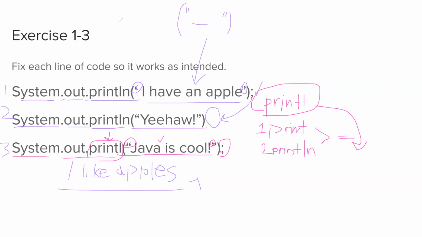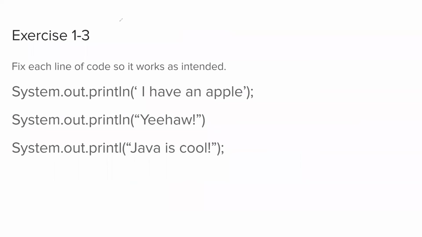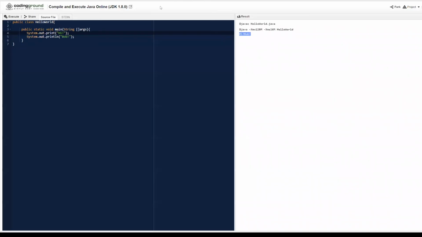Okay, now I wanted to talk about one more thing. So when we were talking about error, right, we wanted to see if we didn't have a semicolon here, right? So if we didn't have a semicolon, what would happen is if we executed, okay, let's look at it. It would say error, 1 error. Why? 4 error, semicolon expected.